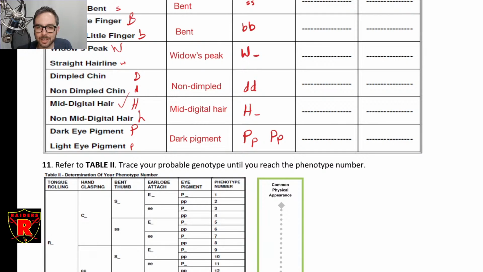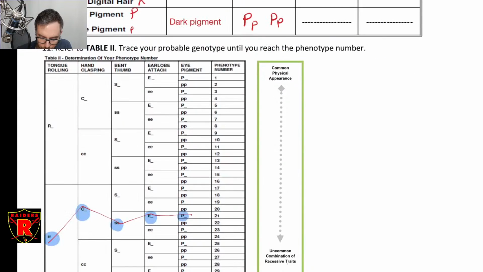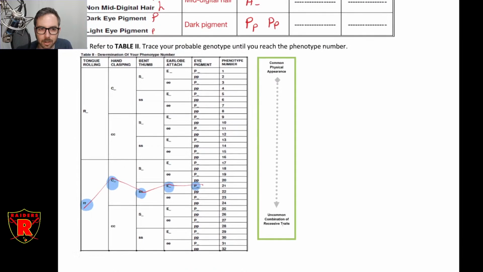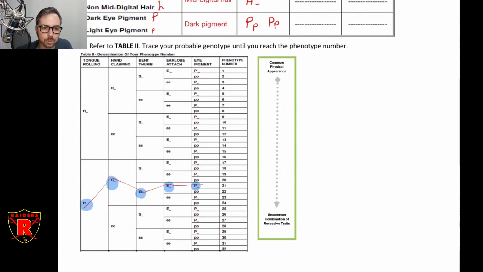Okay, what I'm going to get you to do now is figure out how common your genotype is, your combination of these alleles. So, like I said, through survey, we've been able to figure out how common each of these alleles is in the general population. And the ones on the far left here are the ones that are the most common.